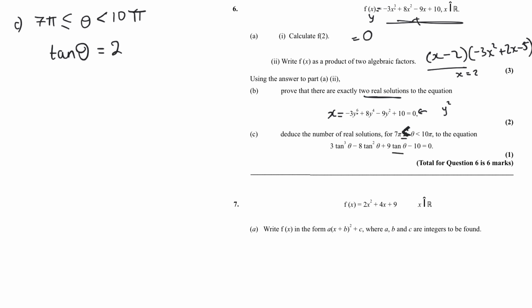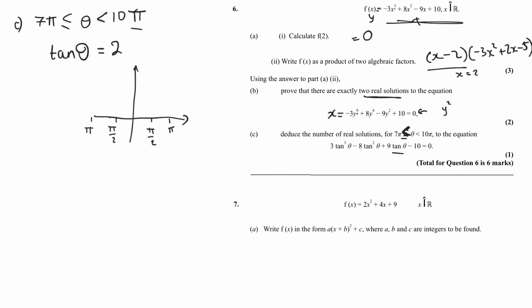And so to find out the number of real solutions, a bit of recap with your tan graphs, especially in radians, because we've got a bit of pi going on. Pi over 2 and pi.